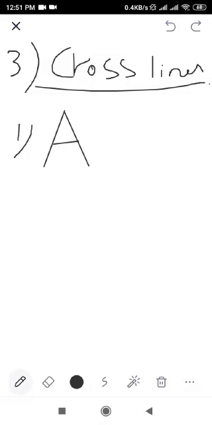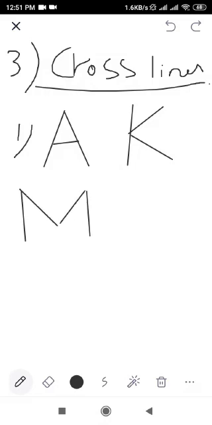After that, B, C, D, E, F, G, H, I, J, K. In letter K, we use two cross lines. First, we'll draw a standing line. After that, to complete the letter K, we draw the two cross lines. Then letter M. In letter M, you need to draw two cross lines like this. 1, 2, right? So in this way, we write the letter M.